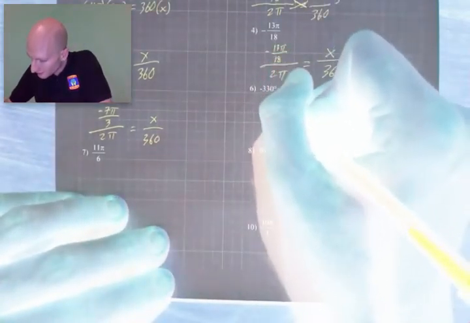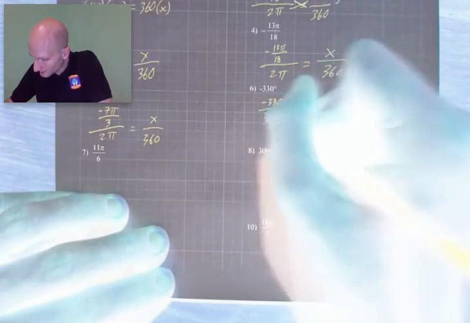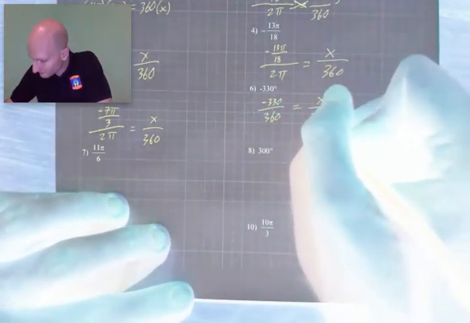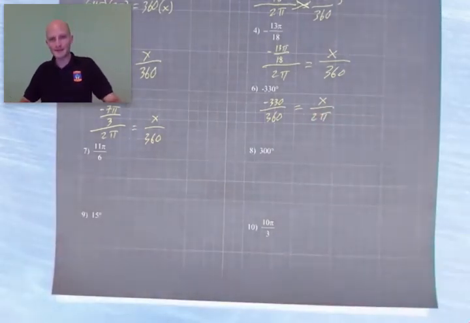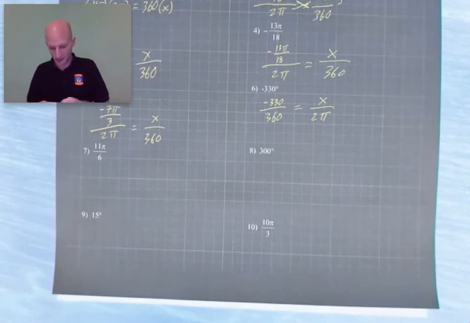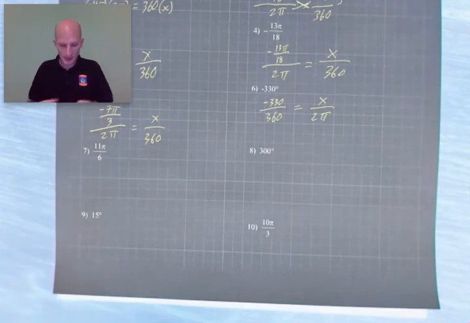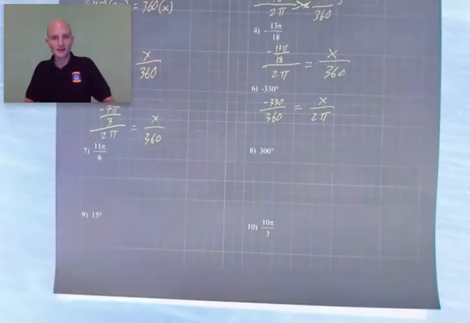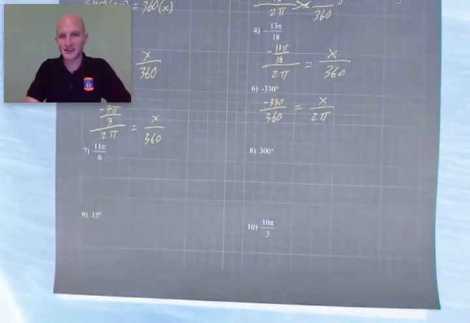Negative 330 over 360 is equal to what over 2 pi? Right? Now, negative 330 times 2 pi divided by 360. I want to show you this in the calculator really fast.